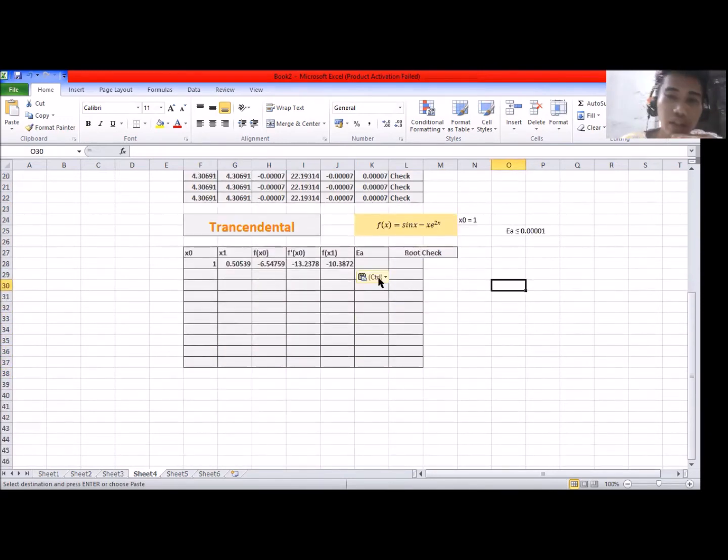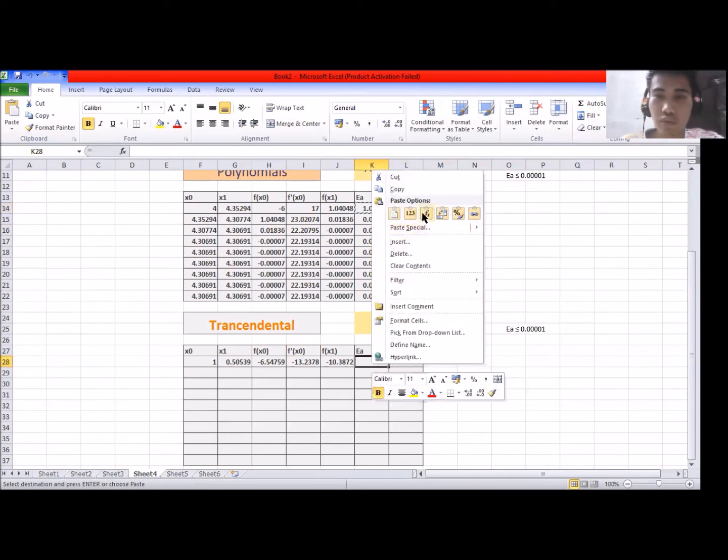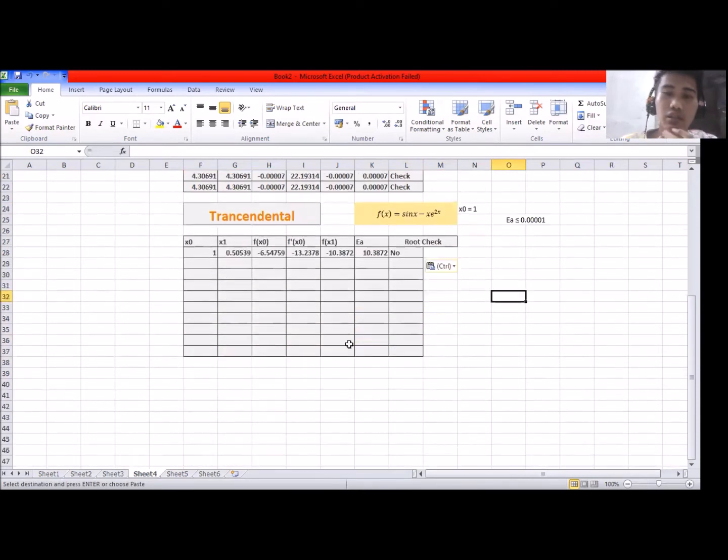Here we get the final root or estimated root, so equals to the estimated root again. Copy the formula until we get the estimated root, the deepest estimated root.